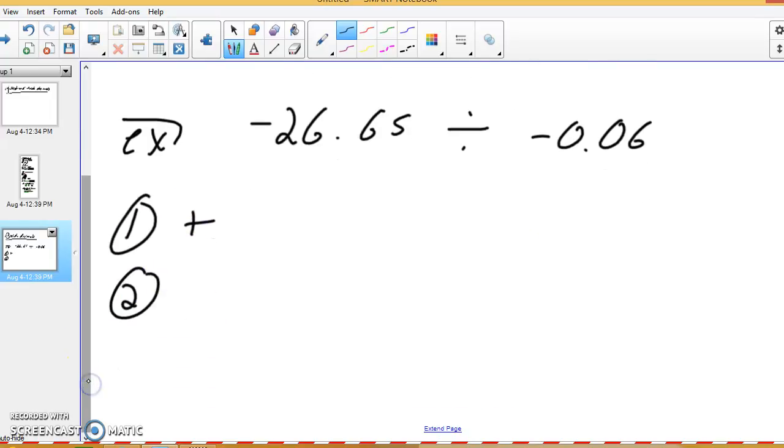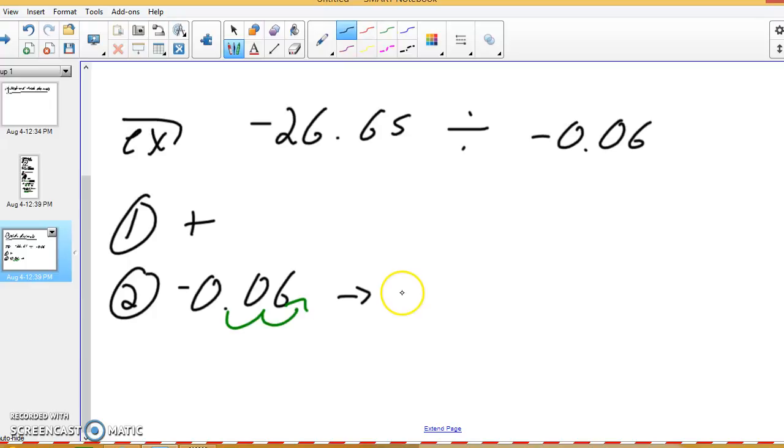Second step is you have to turn the divisor, which is 0.06, and we want to turn it into a whole number. Well, how do you turn it into a whole number? You just move the decimal place however many spots you need, so that it's no longer a decimal. So in this case, we need to move it 2 spots.